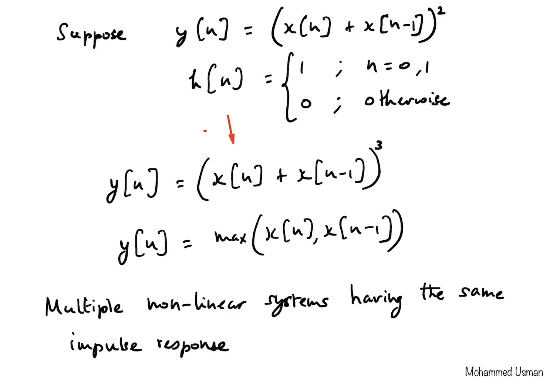Okay, and in a similar way we can talk about it even in the continuous time case, where instead of x of n and h of n, we will write it in terms of x of t and h of t. So the statement that the impulse response completely describes a system is valid only if that system is a linear time invariant system.